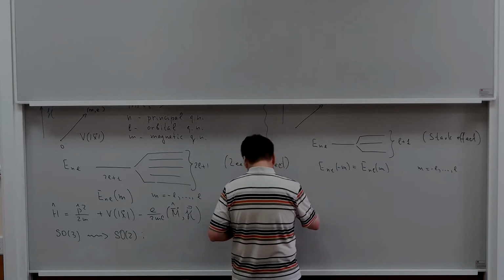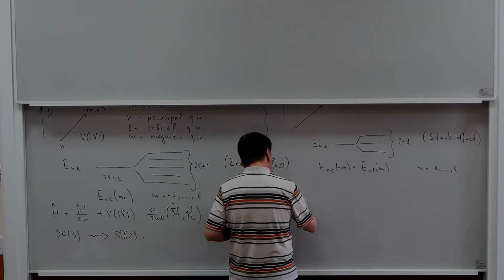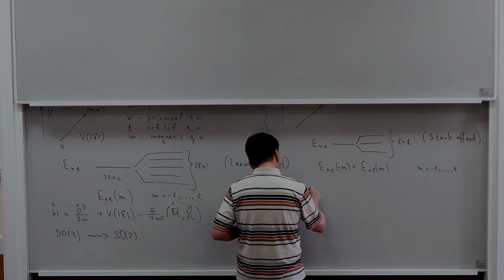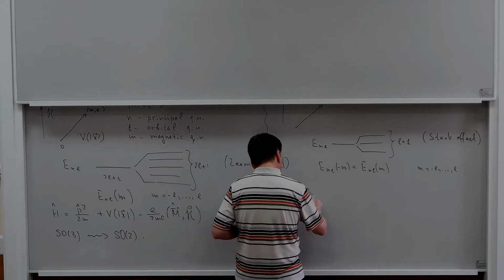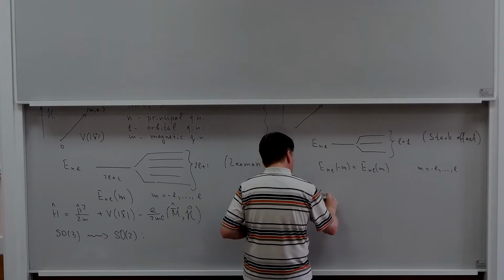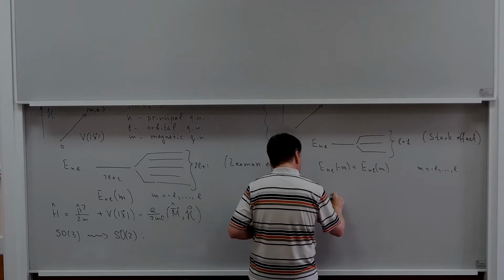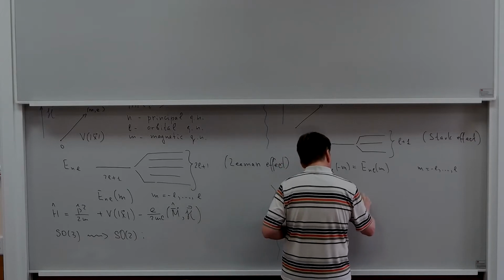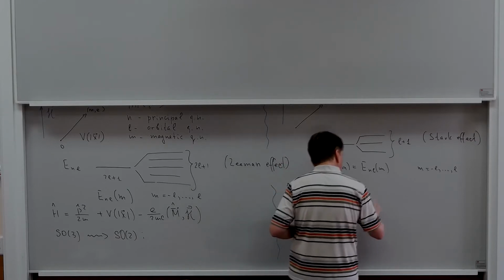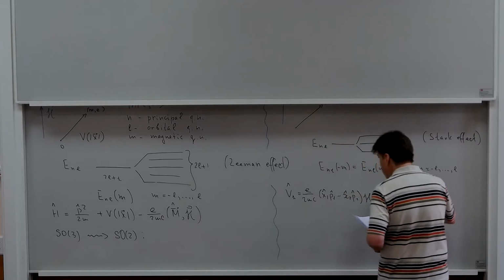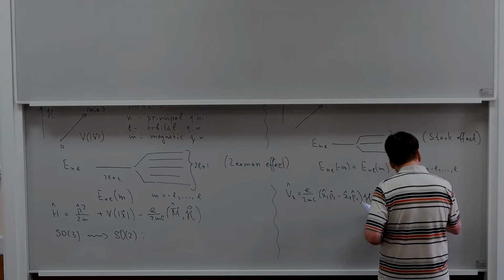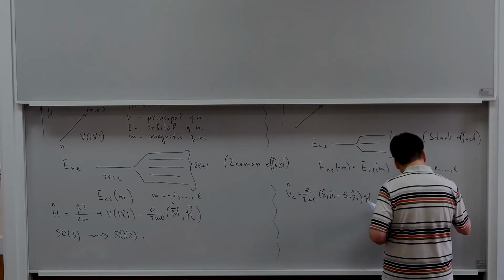So what do we have? For the magnetic field, we have this term that is e over 2mc times (x1 p2 minus x2 p1) h, and for the electric field I have this operator x3 e.